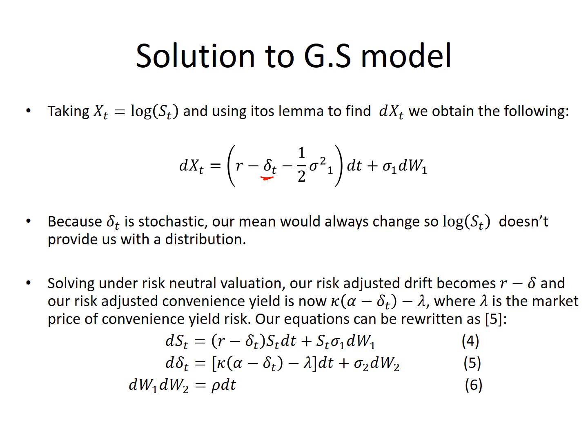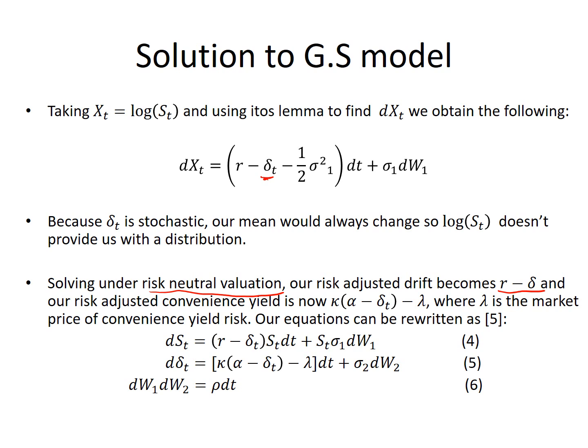So now let's solve under risk neutral valuation. Our risk adjusted drift is going to be R minus delta. The reason why we use R is because it's risk neutral. We don't use the mean. We use the risk-free interest rate. And our adjusted convenience yield is now kappa times alpha minus delta t, minus lambda.